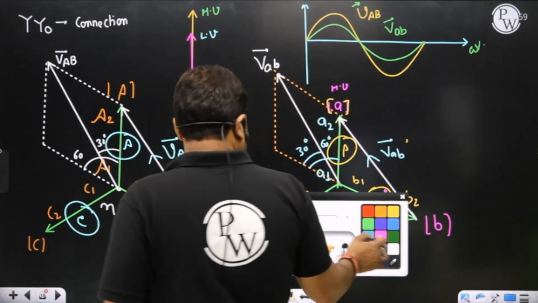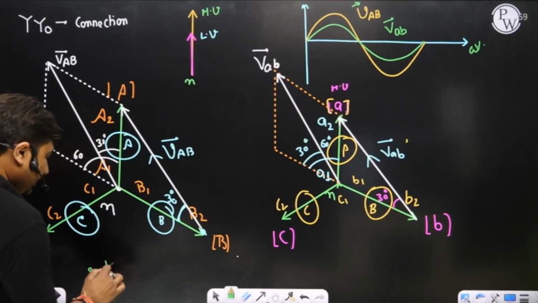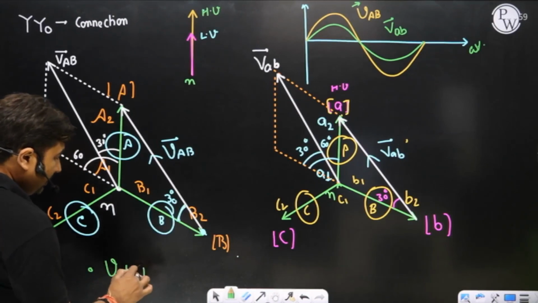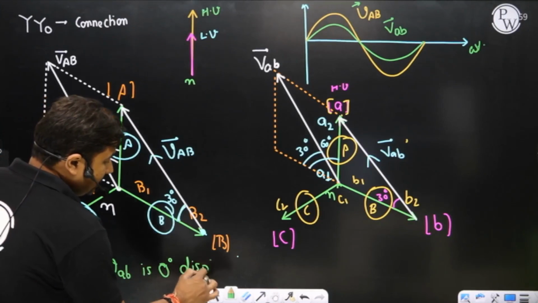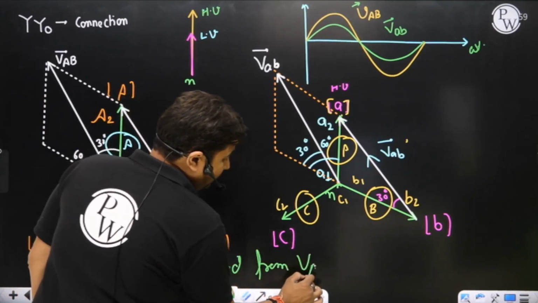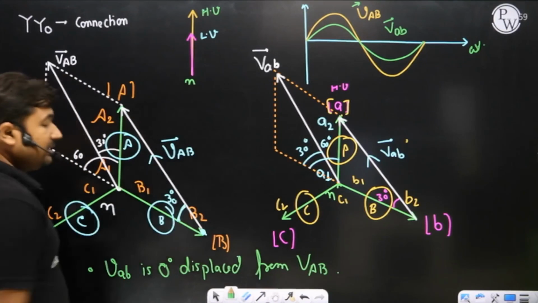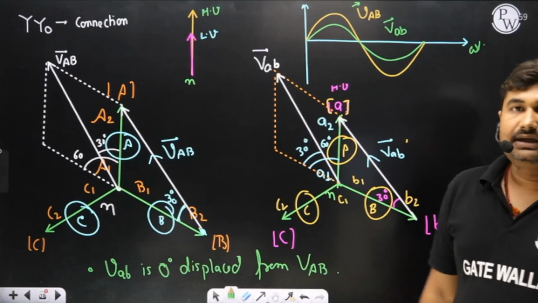It means small VAB is 0 degree displaced from capital VAB. Is it okay? Yes, sir.